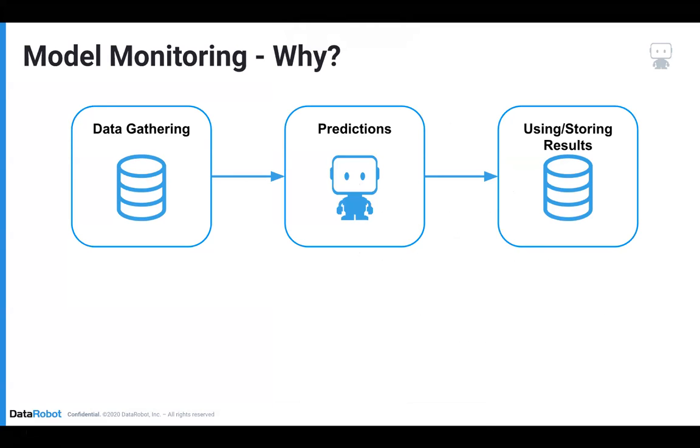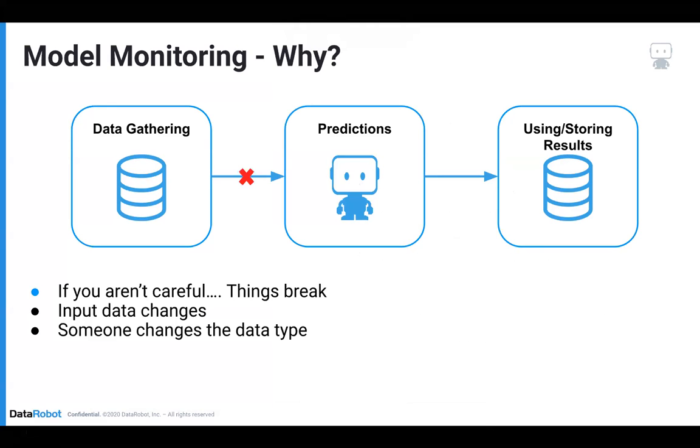But one of the things that happens is that things change. It could be that the world has changed. It could be something like COVID, or some gradual shift, like how language slowly changes over time and different slang words come into place. Or really the more common thing is just somebody changed the configuration of your data.